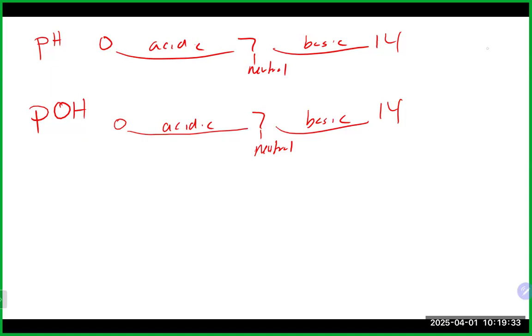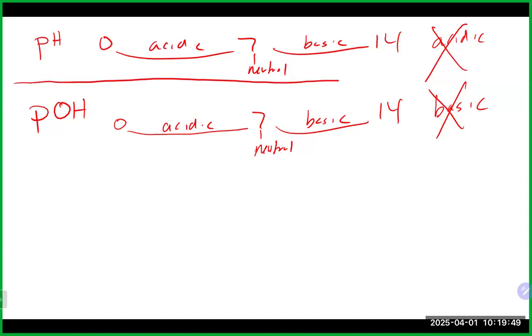This is how people get to the answer of, I think the solution is acidic because the pH is less than 7, and then they go, well, I think it's basic because the pOH is above 14, and then they get some X's. So you don't want to do that. Most people have this pH scale in their head, and this is the number you should look at to determine if it's acidic, basic, or neutral.